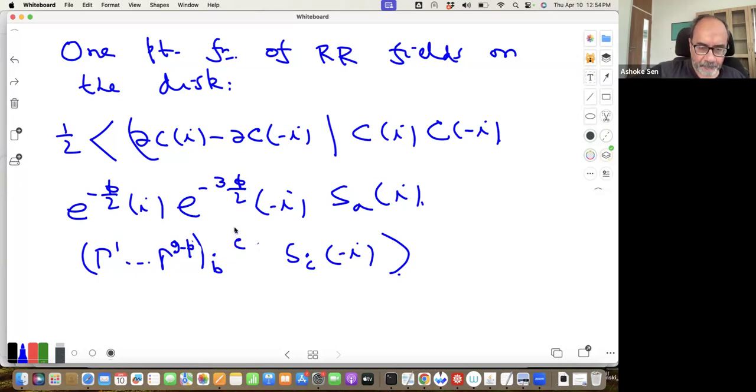See, the point is that this one, e to the minus 3 phi by 2 of minus I, S C dot of minus I, this combination is a well-defined operator in 2B, right? Because you have changed the A to A dot, but you have also changed from e to the minus 5 phi by 2 to e to the minus 3 phi by 2. So this is a well-defined operator in 2B.